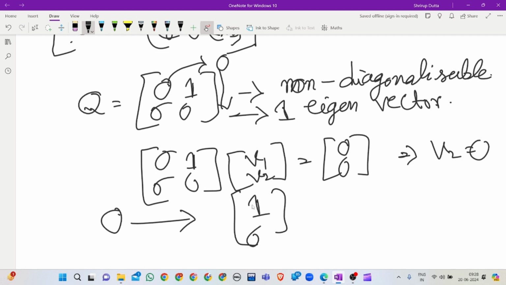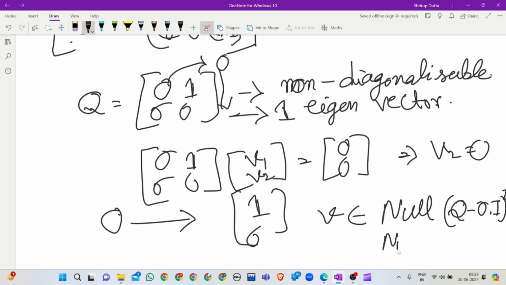And another vector v. Suppose v comes from the null space of Q minus 0 times I squared, that means the null space of Q squared.